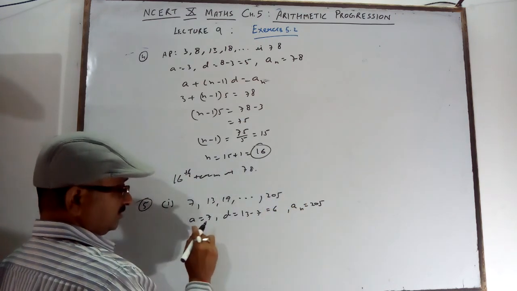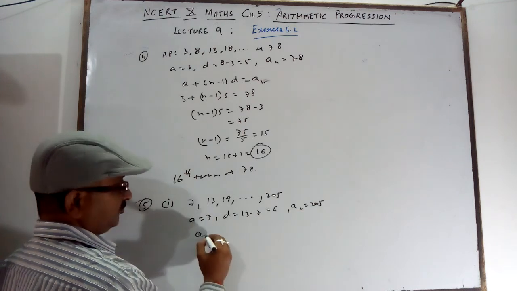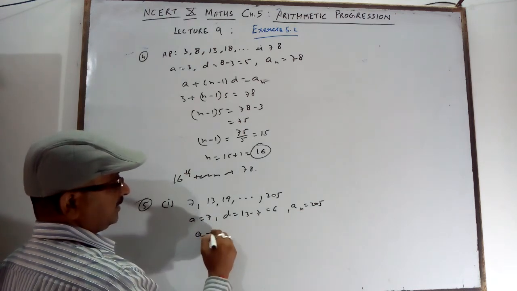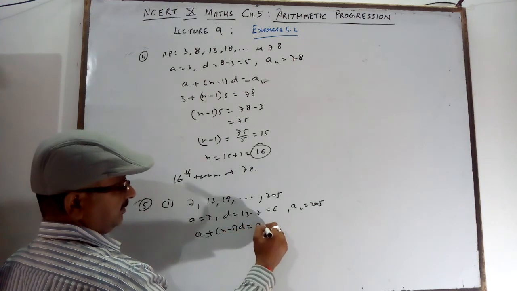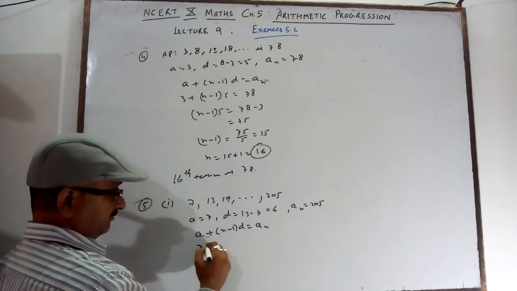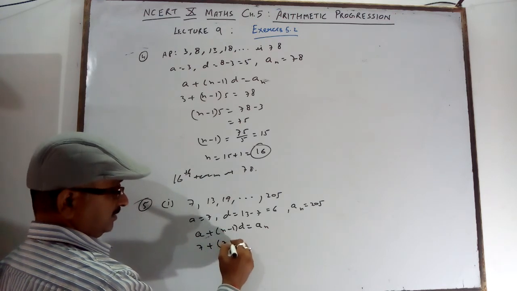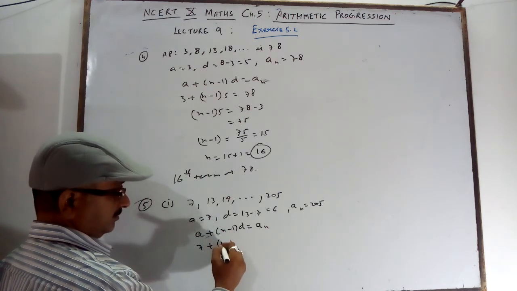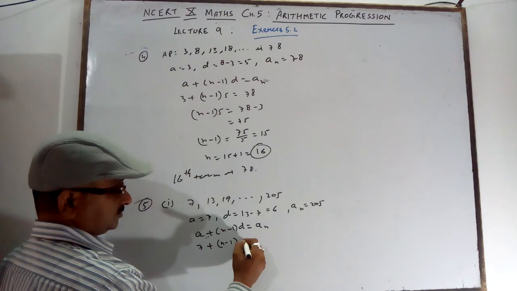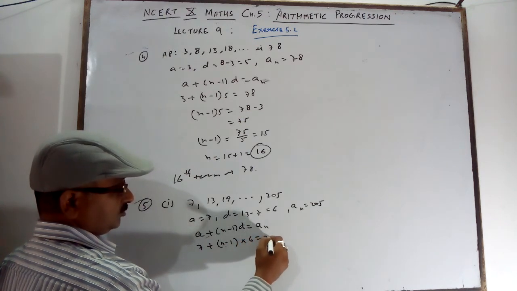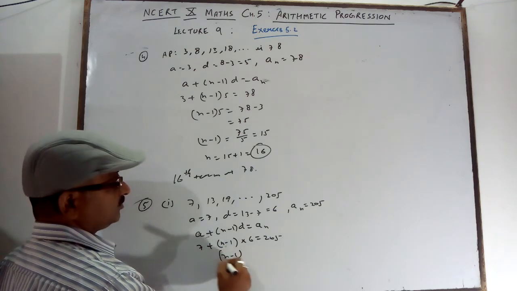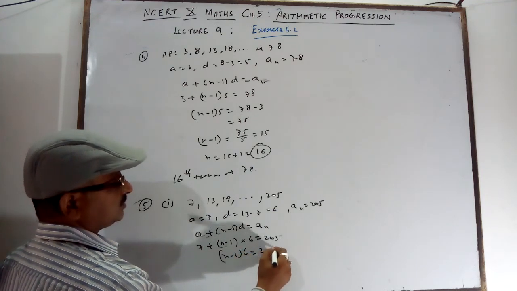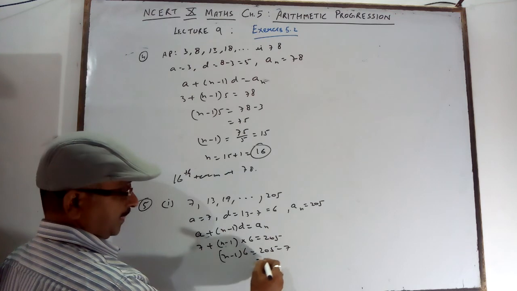Same question as you solved in question number 4. A plus N minus 1 into D is equal to AN. Put all the values: 7 plus N minus 1 into 6 is equal to 205. So N minus 1 into 6 is equal to 205 minus 7.